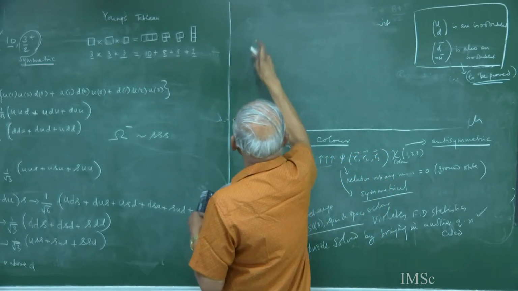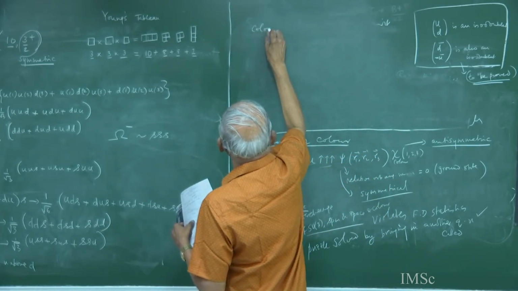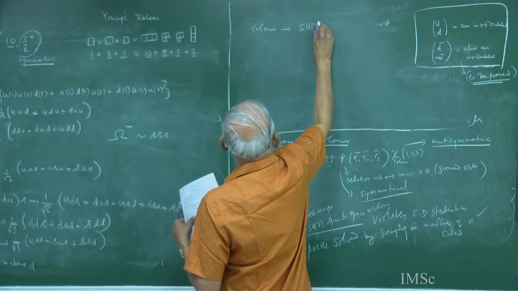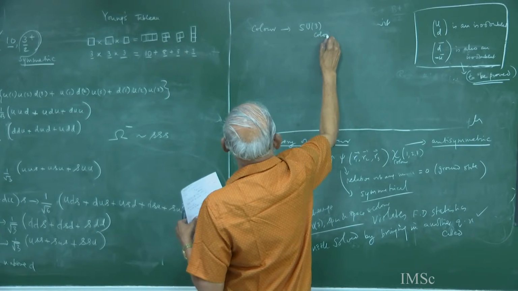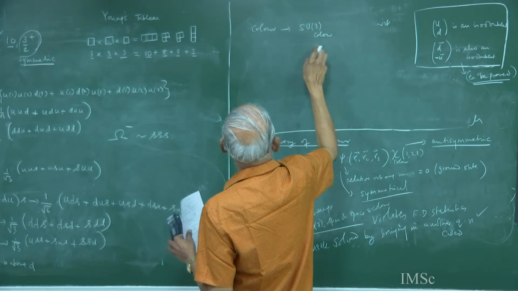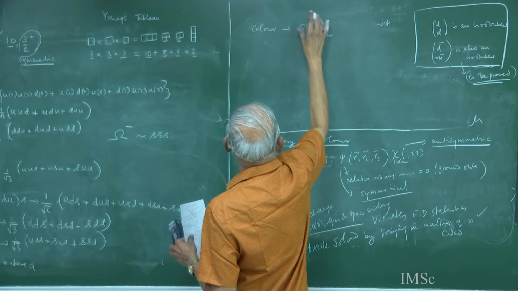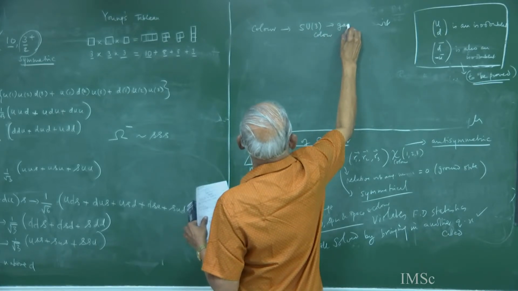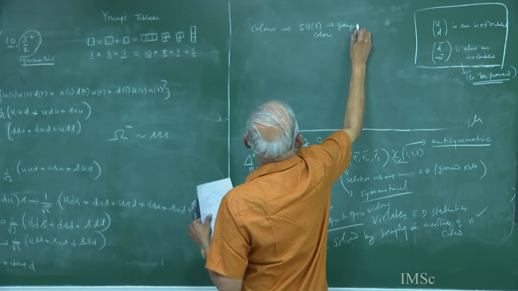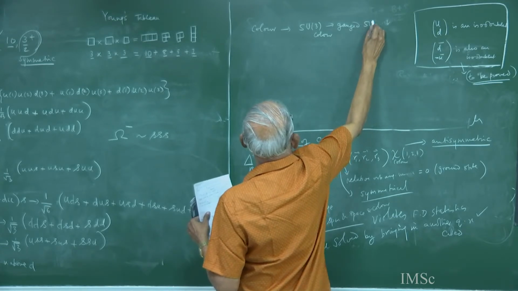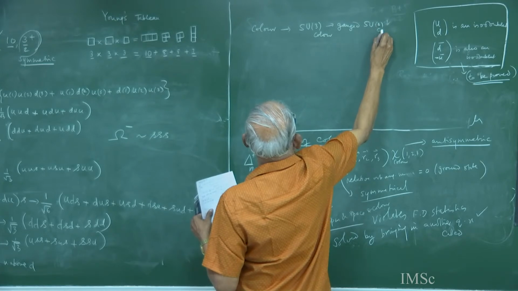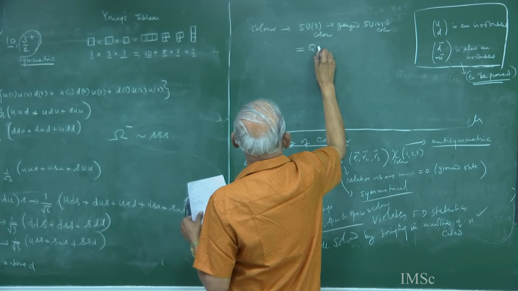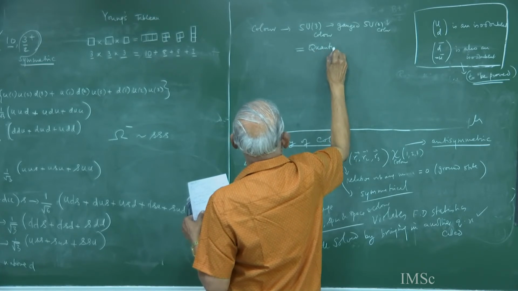Once we have got color, we make a gauge theory, SU3 gauge theory, SU3, but in color now, not in the Gell-Mann SU3. So we indicate it by putting this, but the mathematics is the same, and make it into a gauged color symmetry, gauged SU3 color, and that is quantum chromodynamics.